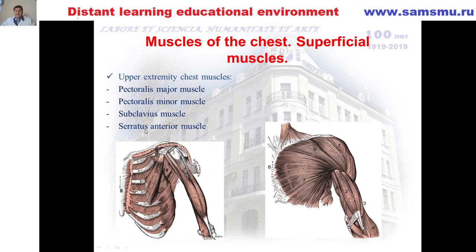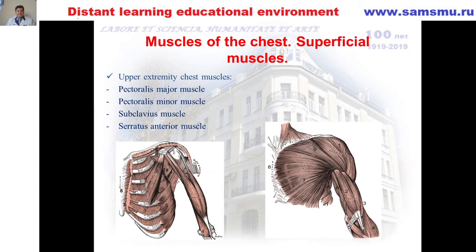And next we'll say some words about the serratus anterior muscle. Musculus serratus anterior, in Latin, is on the surface of the lateral chest wall. It usually arises by 9 slips from the 9 upper ribs and is attached to the medial border of the scapula.